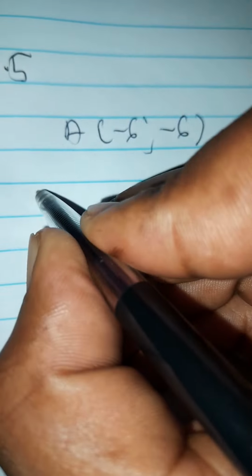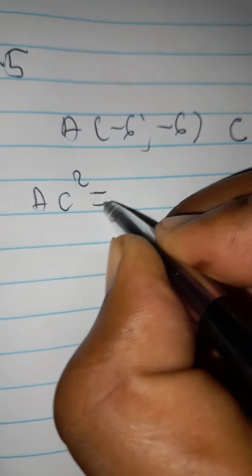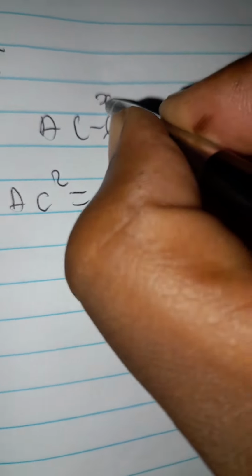So it's going to be 6 and 0. To make life easier, we need to calculate the length. So it's going to be AC squared. Remember, this is x1 and this is x2.